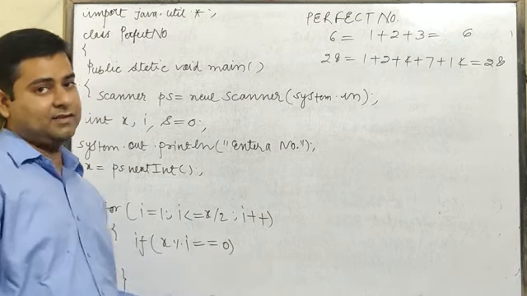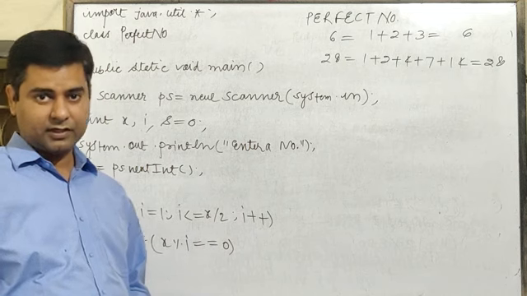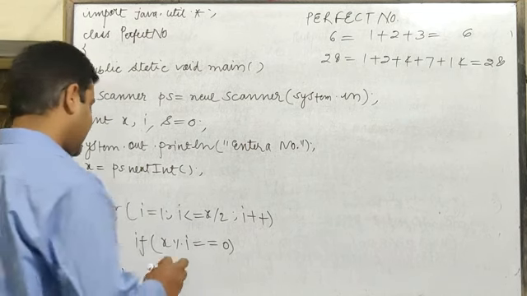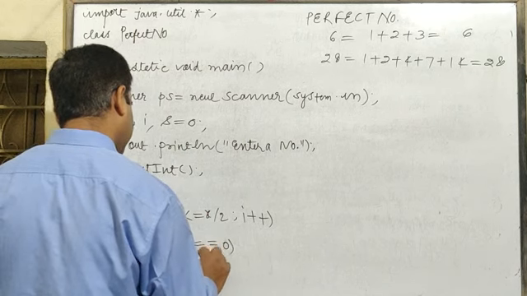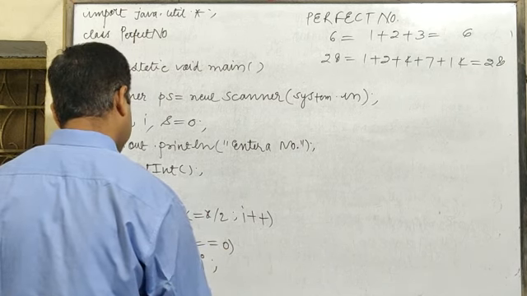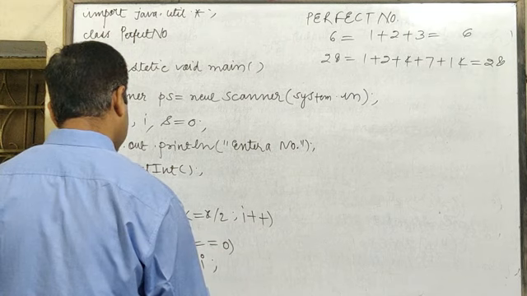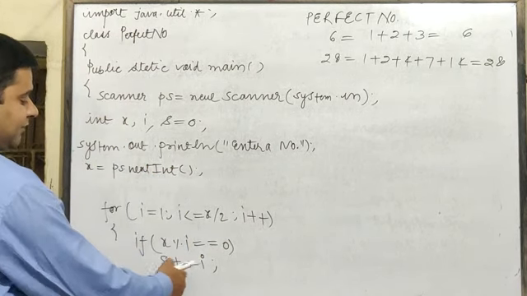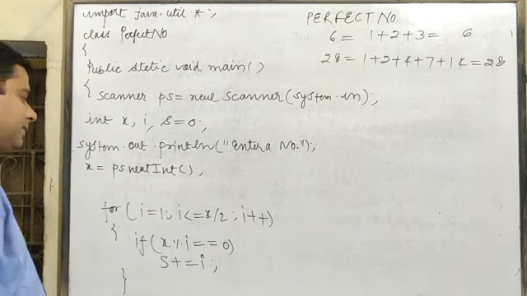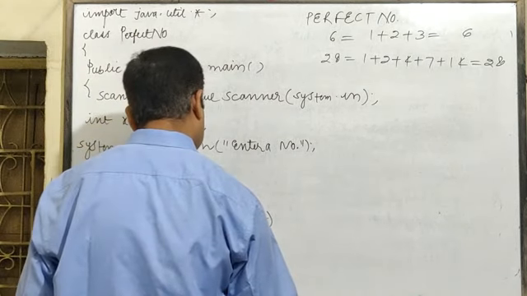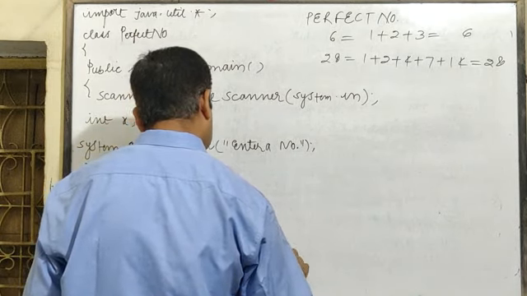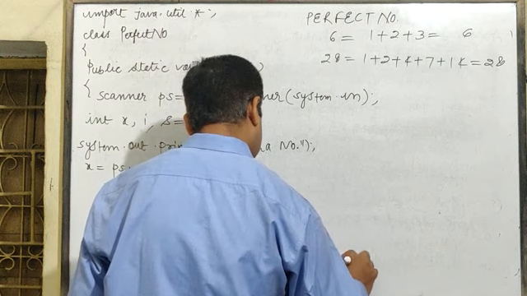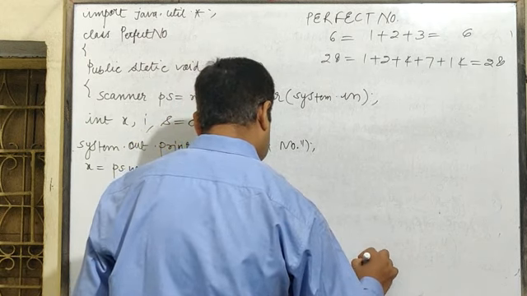I is dividing x, so I is the factor. Understood? So I should be added in s. So s plus equals I. Here we are finding the sum of factors. I am writing the comment also: finding sum of factors.